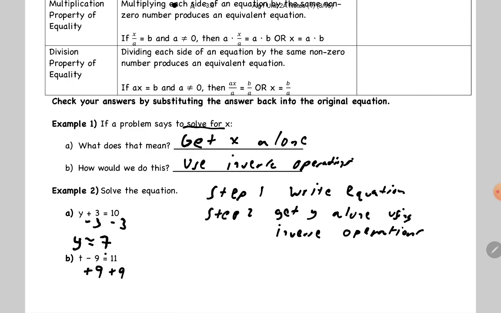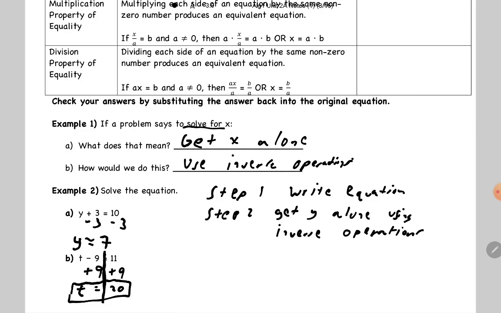If you want, you can create a little barrier to help you figure out your sides. And so we have t equals 20. Okay. So negative 9 plus 9 is 0. 11 plus 9 is 20. All right.